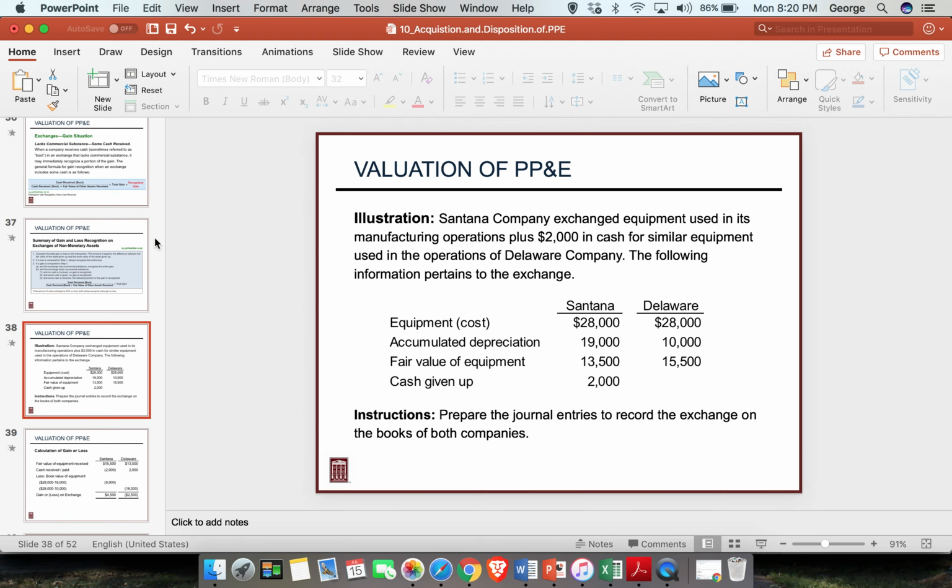So this is what Santana's given up. Fair value of that equipment is 13,500, and then the cash of 2,000. So they'll report a gain based on this portion of cash of 2,000. We'll see how that works in a minute. And then Delaware gave up 28,000 in equipment, 10,000 in accumulated depreciation was written off, and then their fair value was 15,500.